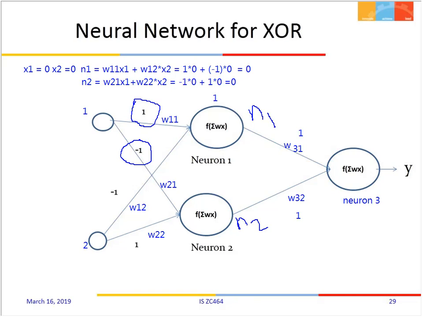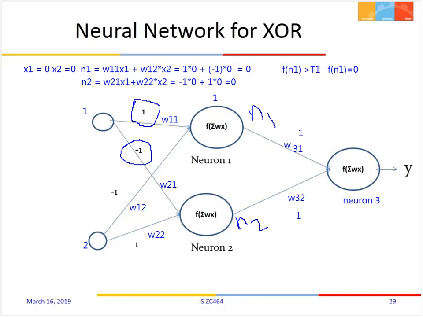Similarly, if I'm taking a similar mechanism for triggering the output from neuron 2, you get f of n2 greater than T2 being triggered as 1, right?